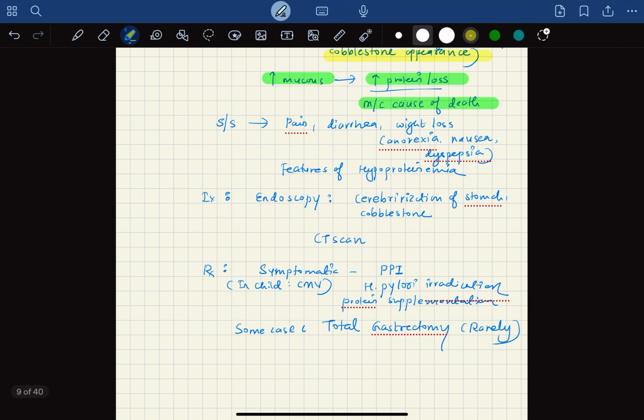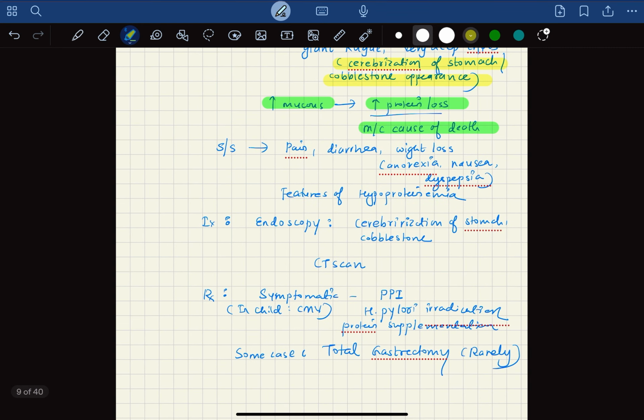Now the symptoms will be diarrhea because absorption is not happening properly, so it will lead to weight loss, and pain will be there, and features of hypoproteinemia. So these four features we have to remember: pain, diarrhea, protein loss so hypoproteinemia, and weight loss because there will be anorexia, nausea and dyspepsia.